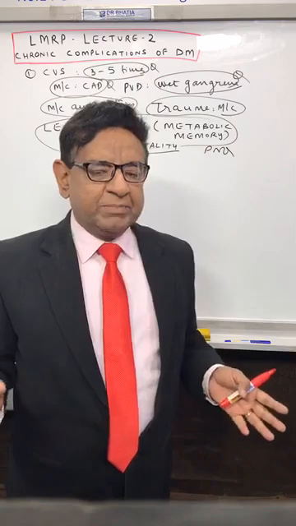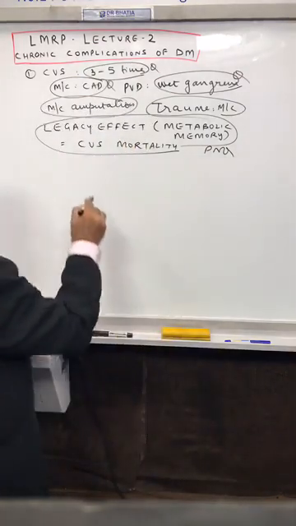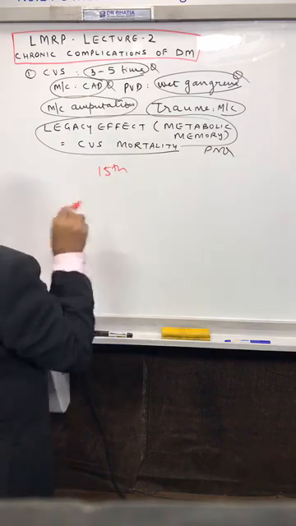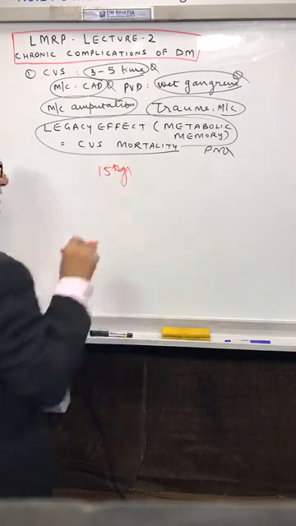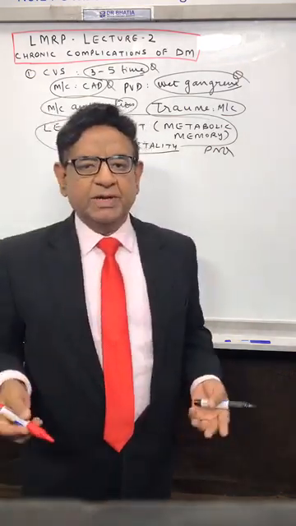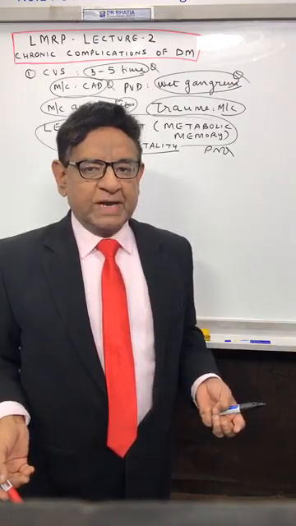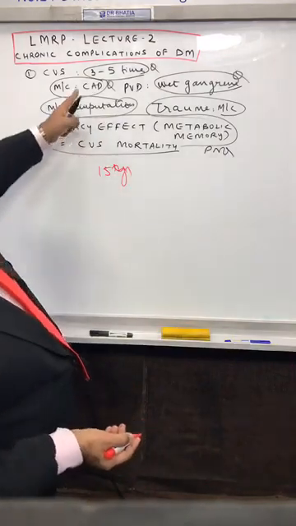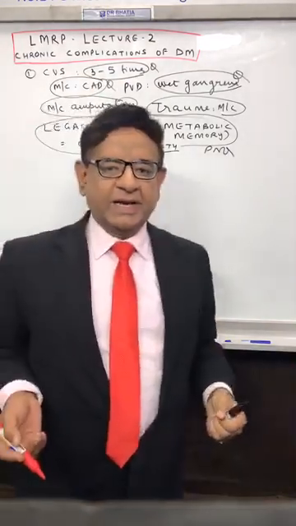Suppose a diabetic patient comes to us. The patient has been diabetic for the last 15 years. He comes to me right now, and I say you have to control your sugar, otherwise you are 3 to 5 times more likely to have a heart attack.